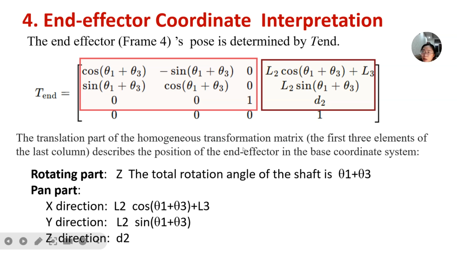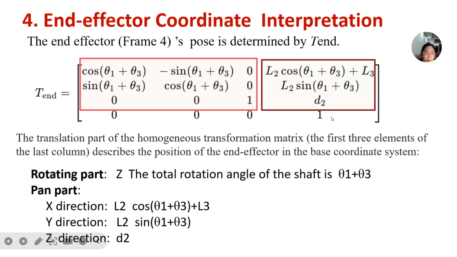We can say the x direction is L2 cosine theta 1 plus L3 cosine(theta 1 + theta 3), the y direction is L2 sin theta 1 plus L3 sin(theta 1 + theta 3), and the z direction is d2.